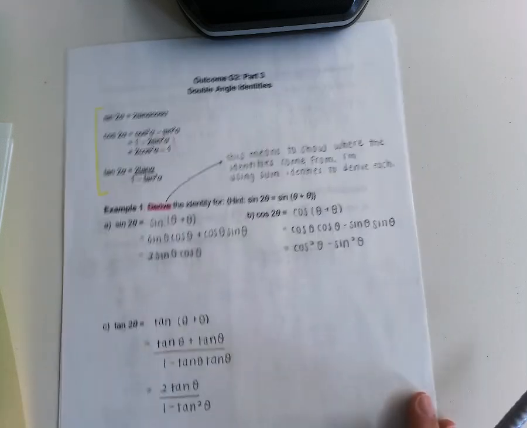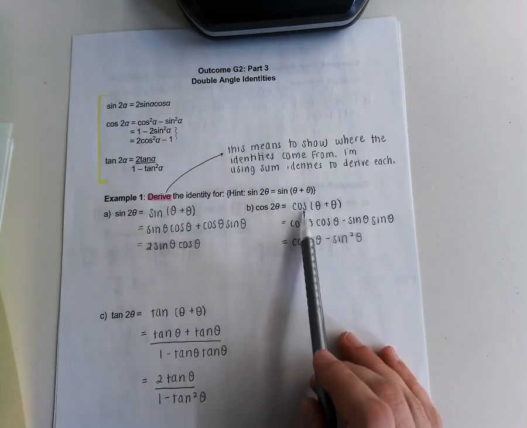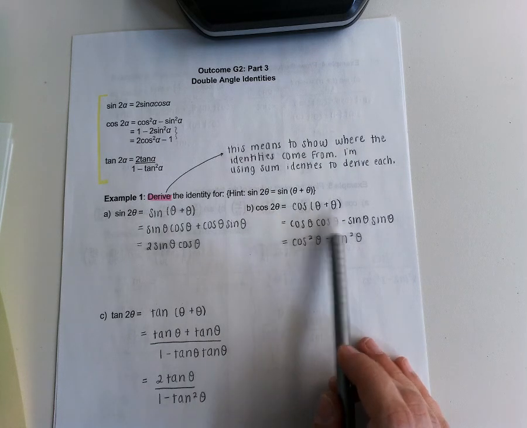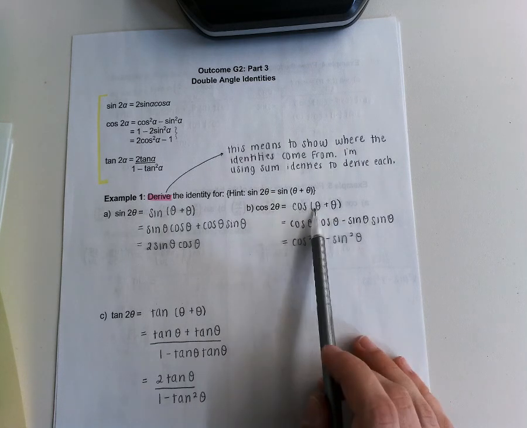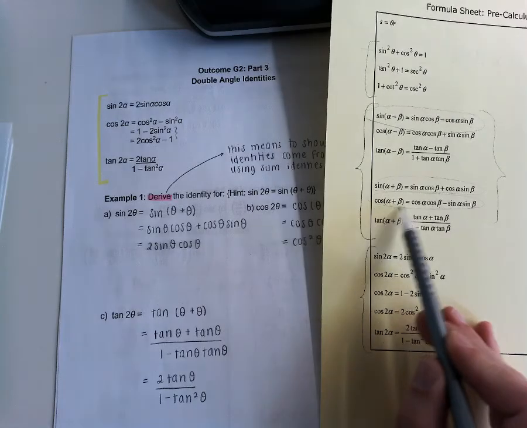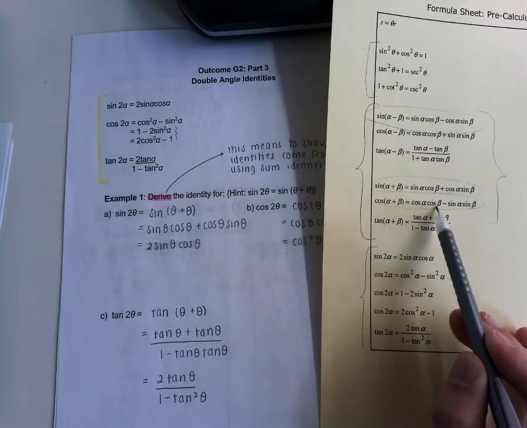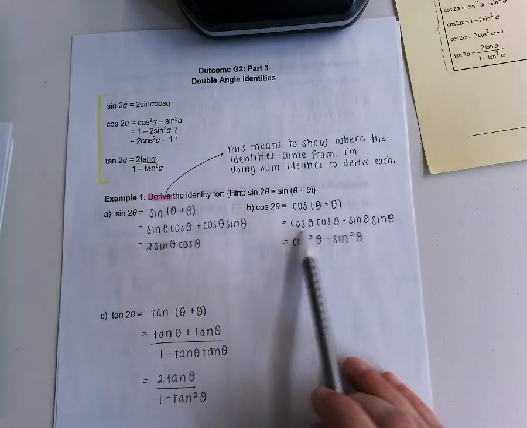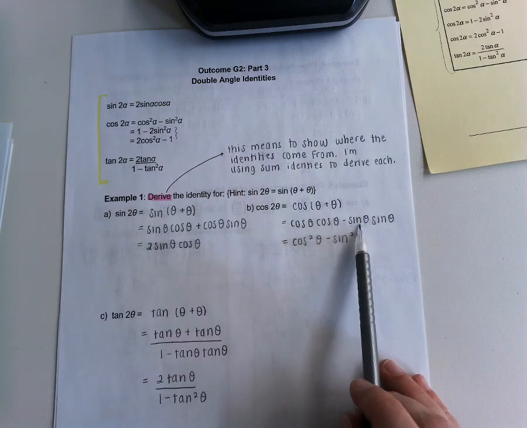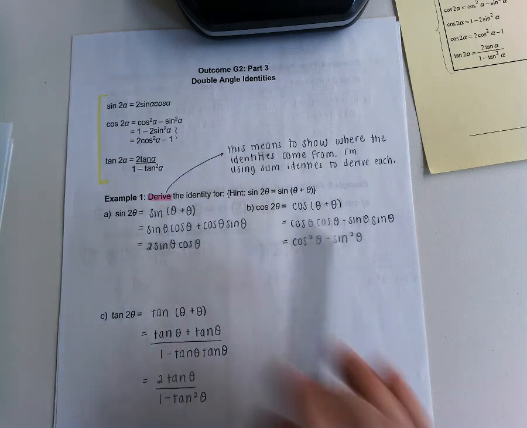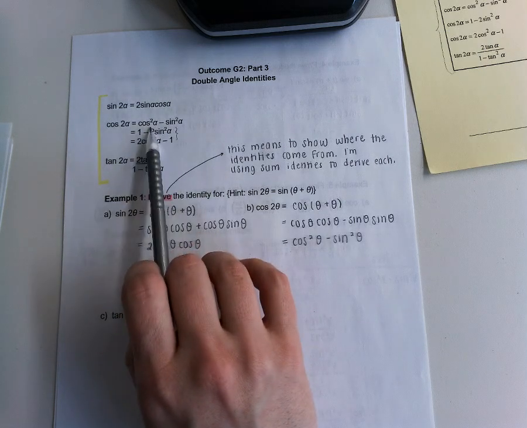For cosine, very similarly, we can use our sum identity. So 2 theta is the same as theta plus theta. And then we can substitute that into our sum identity for cosine: cos A cos B minus sine A sine B. So you get cos theta cos theta minus sine theta sine theta, or cos squared theta minus sine squared theta. So that's where this identity comes from.